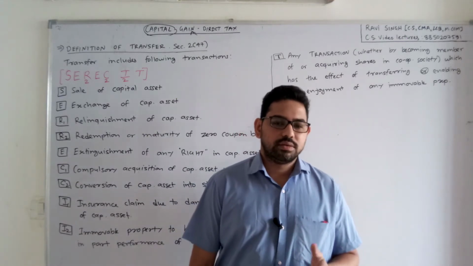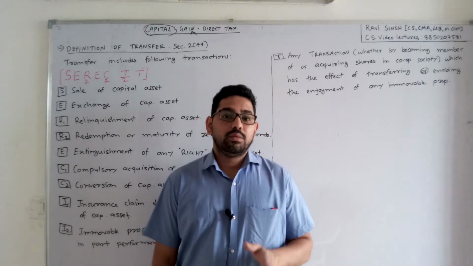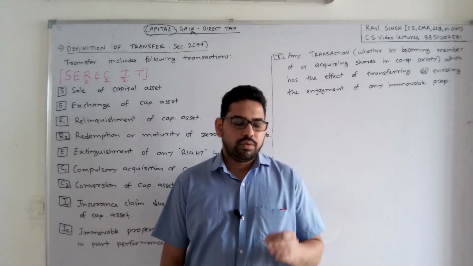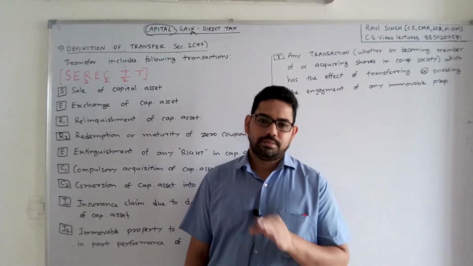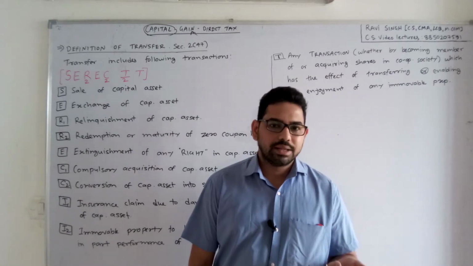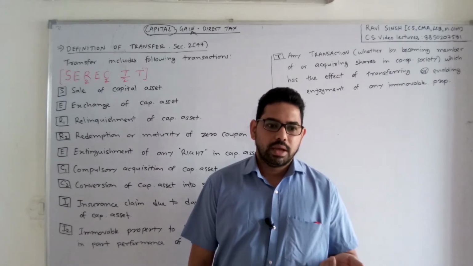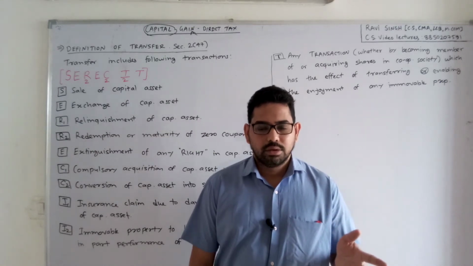So if you transfer the rural agriculture land in India, there will be no capital gain. So we have to learn the meaning of rural agriculture land. Okay, so it's very simple. It should be used for agriculture purpose first of all, and that agricultural land should be located in the rural area.